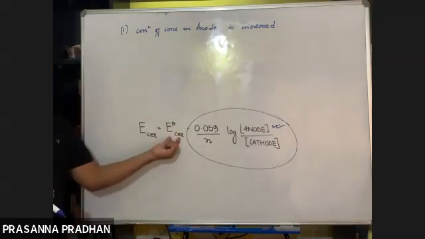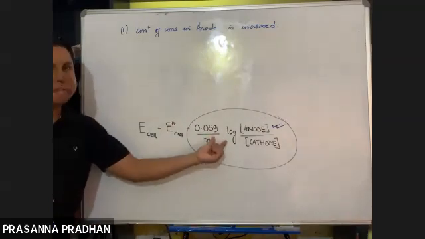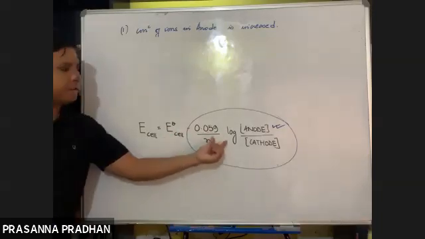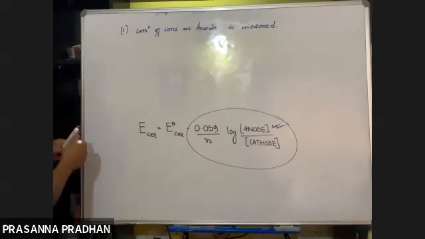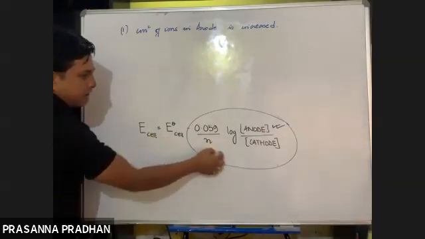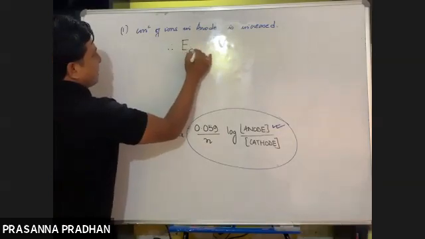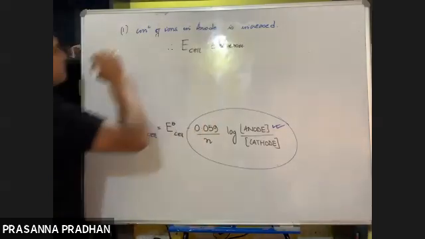The first term, E naught cell, is a constant and the second term is increasing. Since the second term is increasing, E cell will decrease.